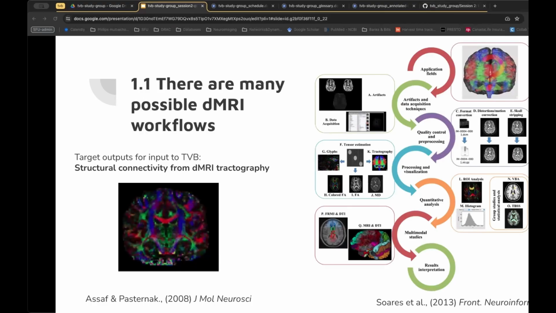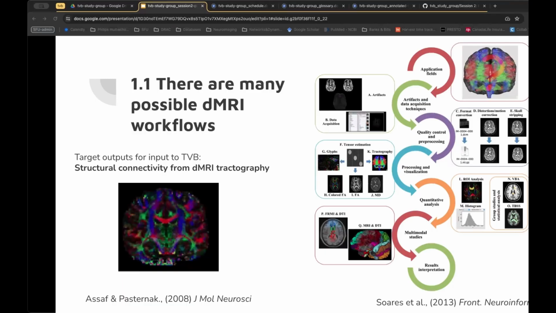You may already be familiar to some degree with diffusion processing and diffusion analyses. I won't go into the nitty-gritty physics of it or anything like that, but I want to make sure that we all have a fundamental understanding of how we arrive at these structural connectomes that we're using as the input to the modeling software.